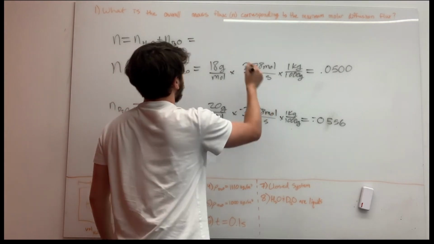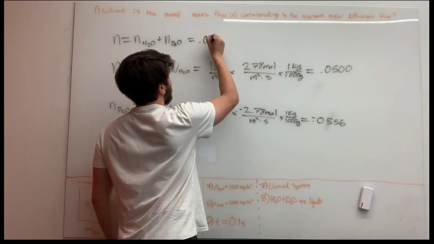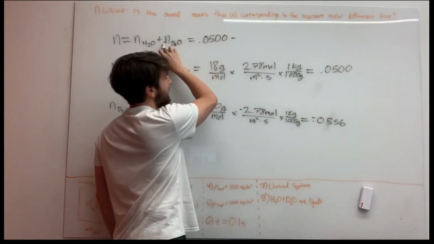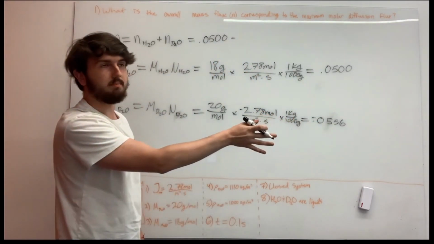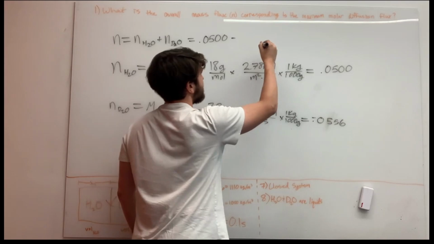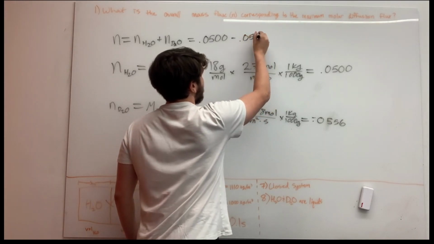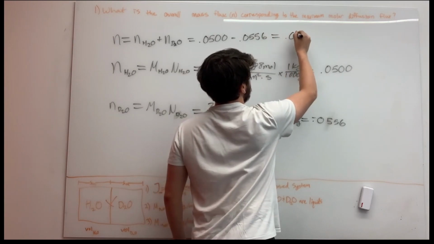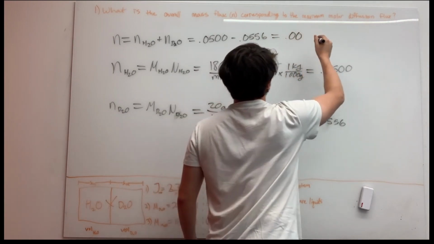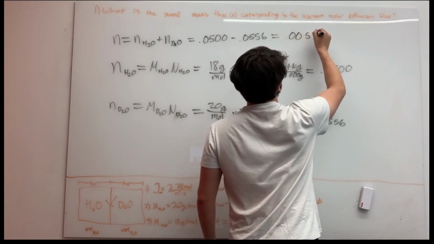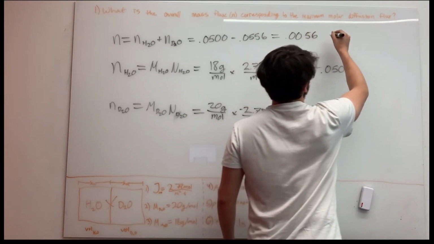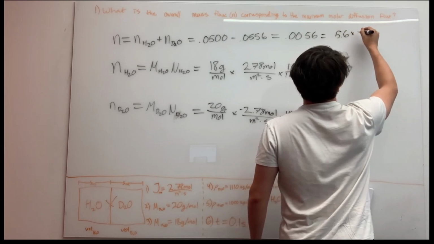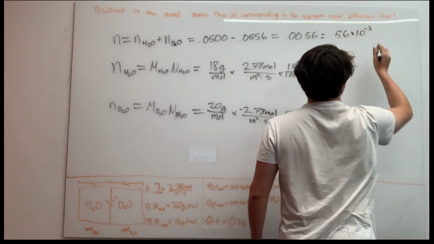So we can get that as 0.0500 minus, it's supposed to be plus, but because of that negative, we're going to write it as a minus 0.0556, which leaves us with 0.0056, or we can write that as 5.6 times 10 to the negative 3.